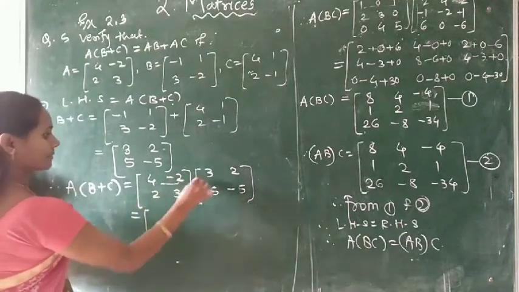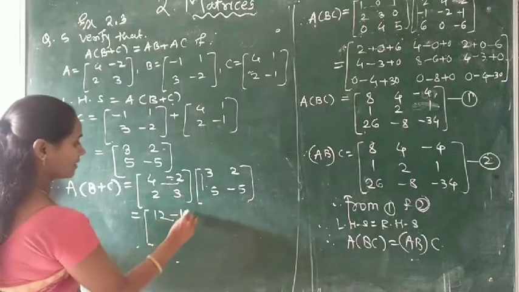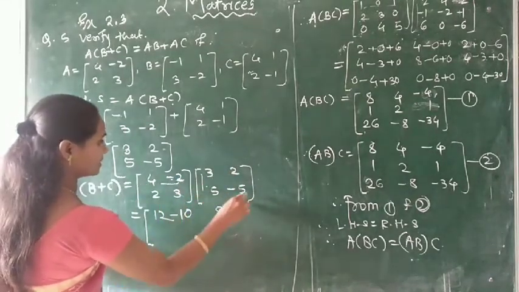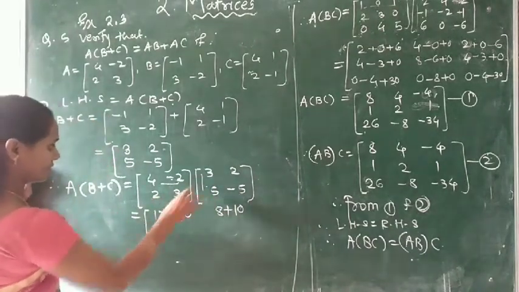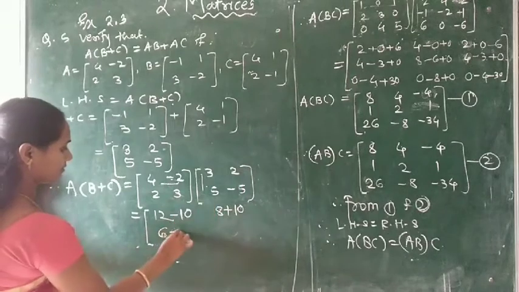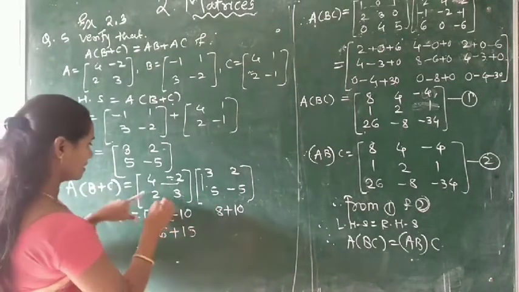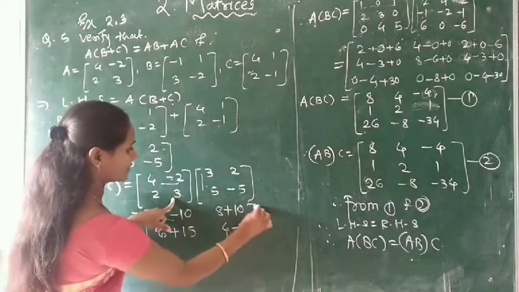Take multiplication. 4 into 3, 12. Minus 2 into 5, minus 10. Next, 4 into 2, 8. Minus, minus, plus 10. Now, second row, first column: 2 into 3, 6. 3 into 5, 15. Next, 2 into 2, 4, and 3 into 5, minus 15.